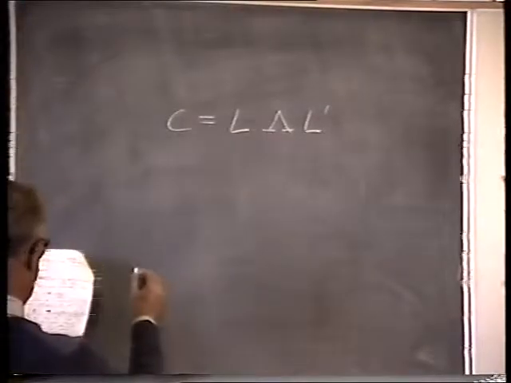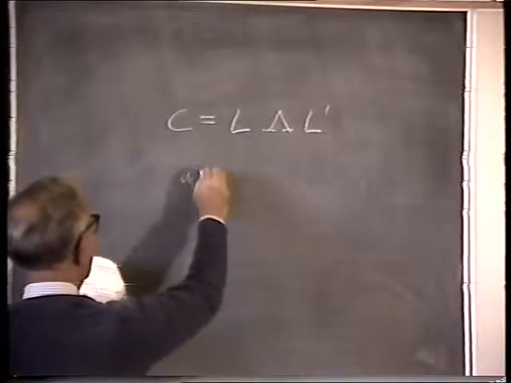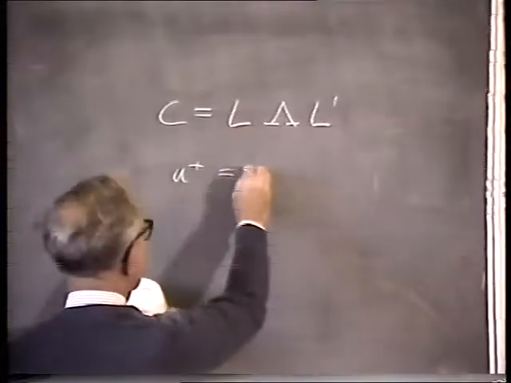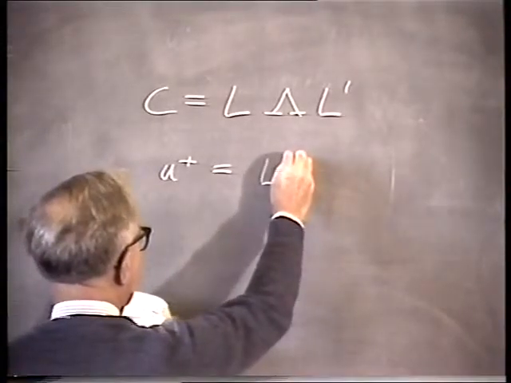And so then, more or less as before, define u dagger as L prime times u.